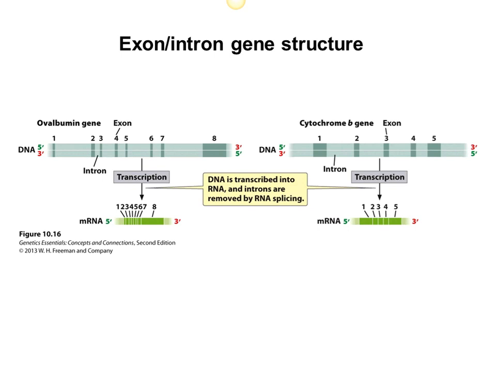The introns are spliced out or removed. The exons are spliced to each other, and the final mature mRNA just has the exon copies spliced together. So your mRNA is typically quite a lot shorter once it's been processed or spliced than it is when it's first copied from the chromosome.